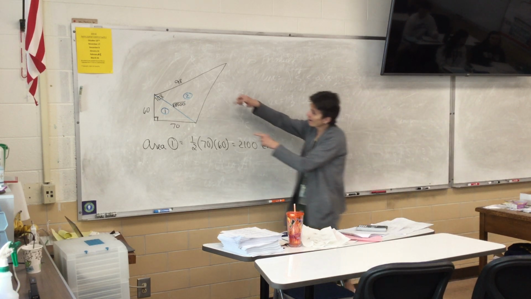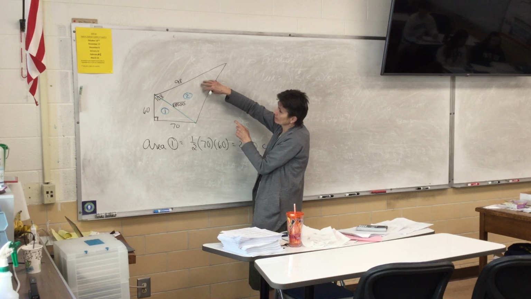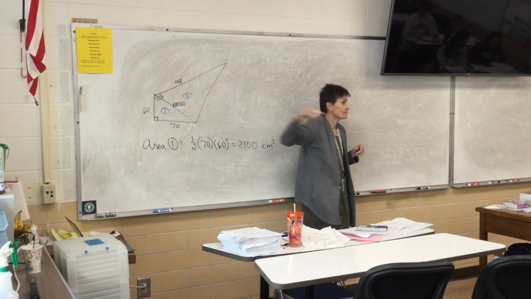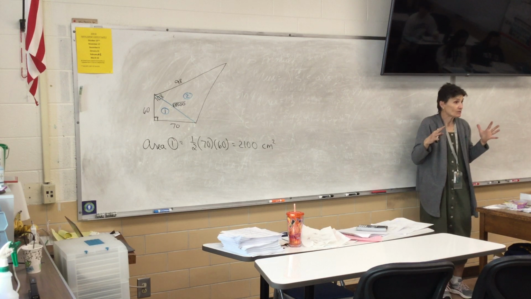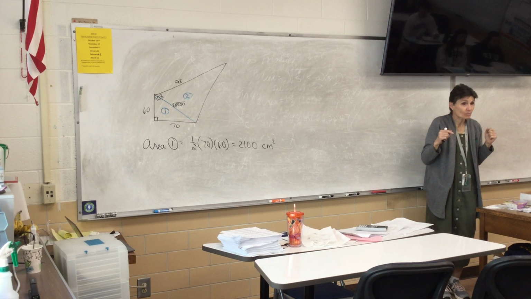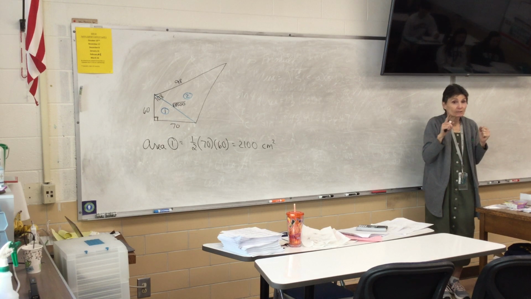Wow, I have two sides, look at triangle 2. I have two sides of the triangle now, don't I? The area will be a cinch if I have what? What else do I need? The angle in between them.